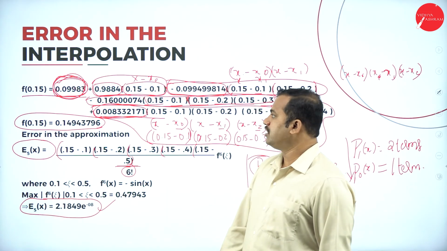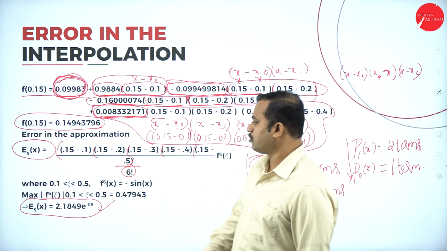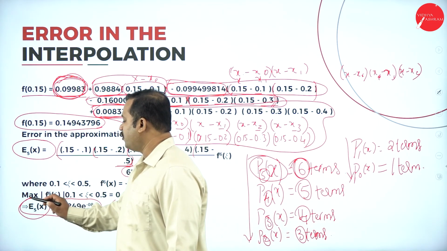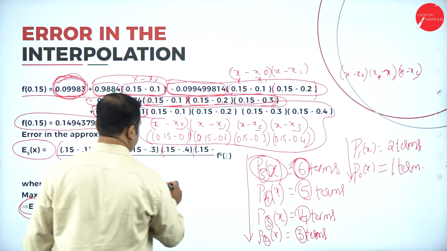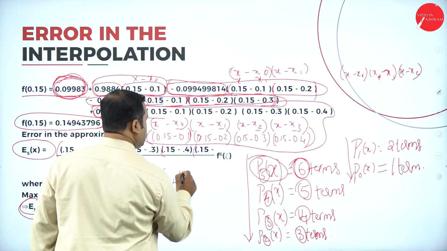So this is how we are going to calculate the errors in approximation, that is E5 for the fifth degree polynomial. Suppose there is a fourth degree polynomial, E4 of x must be determined.